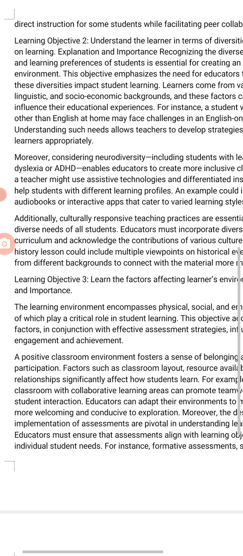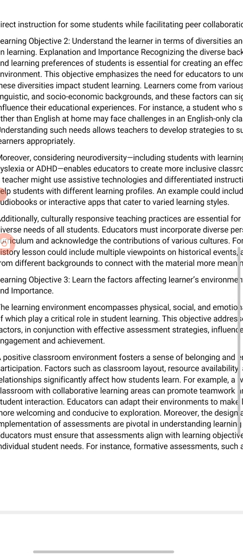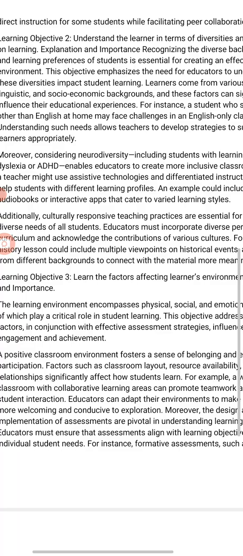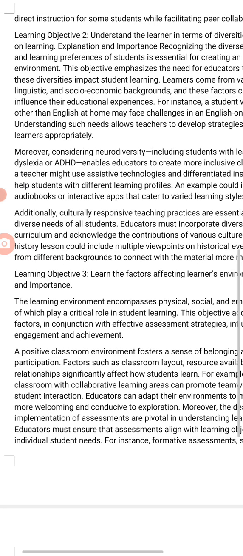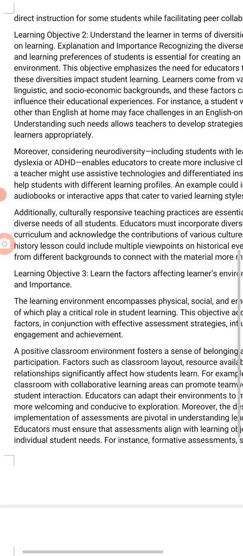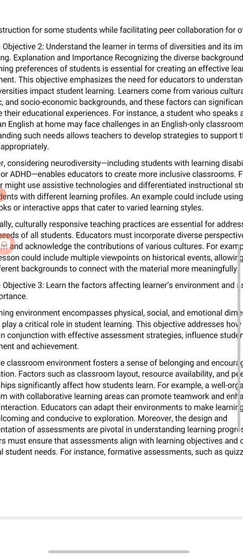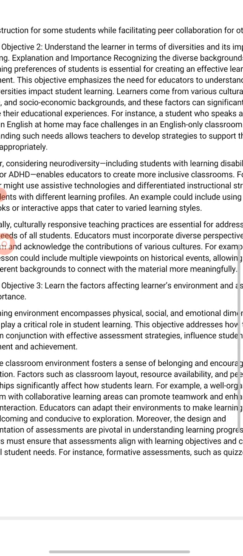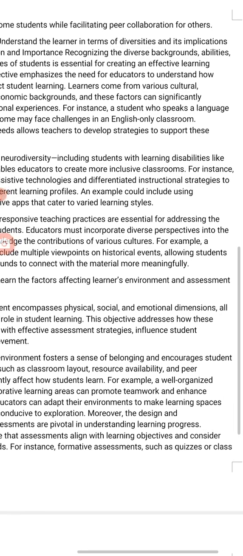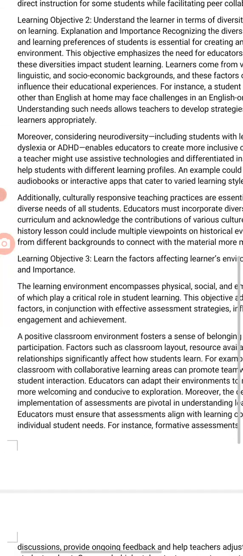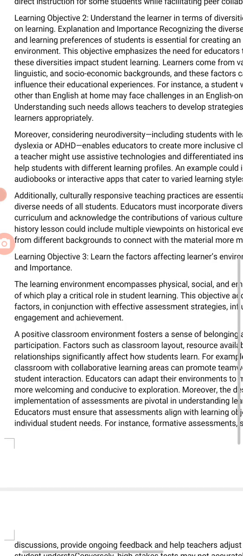Moreover, considering this diversity, we don't want to call it a weakness or a disability. Dyslexia or ADHD is considered a neurodiversity, which includes students with learning differences, like the dyslexia I mentioned.